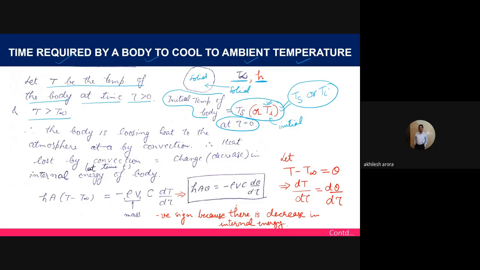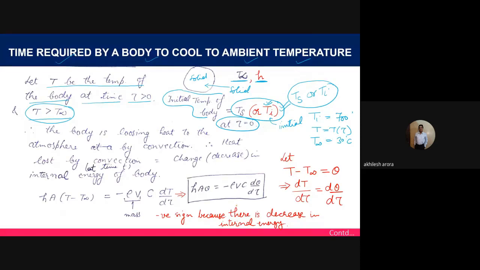So effectively, the initial temperature of the body could be 700 degrees Celsius and the surrounding temperature, let us say, 30 degrees Celsius. T is any temperature which is varying with respect to time, so T is a function of time. Naturally T will be greater than T infinity till T has approached T infinity.